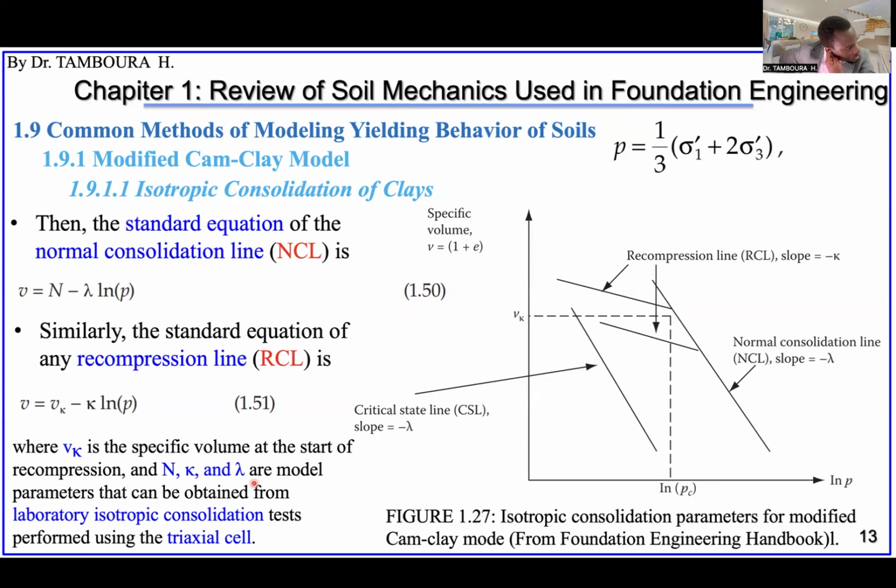So these are a function of the result of the lab test, the triaxial test. These parameters N, K, and lambda. Okay, this N, this lambda, and this K.